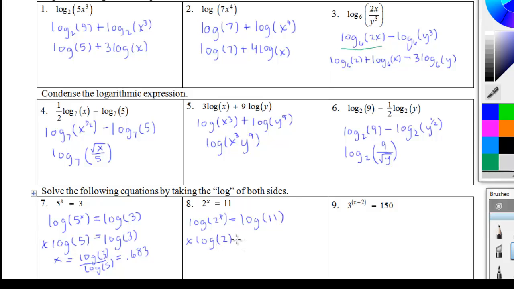So we take the log of both sides and we get this, and then bring down the exponent. That's what I did on this step.